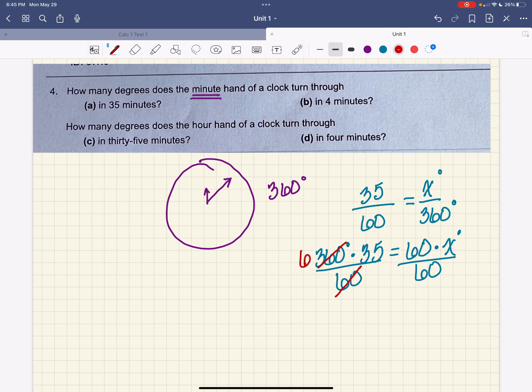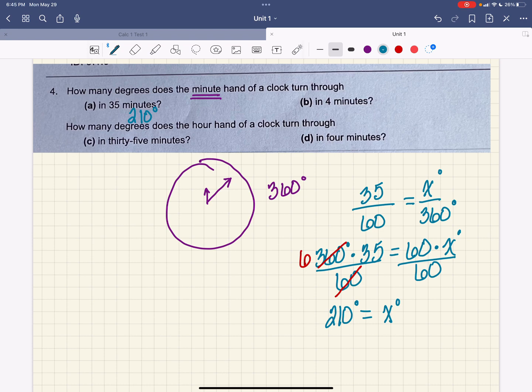And so now I've got 6 times 35. 6 times 35 is going to be 210, and that is degrees. And that is what we are looking for. So the answer to this right here is 210 degrees.